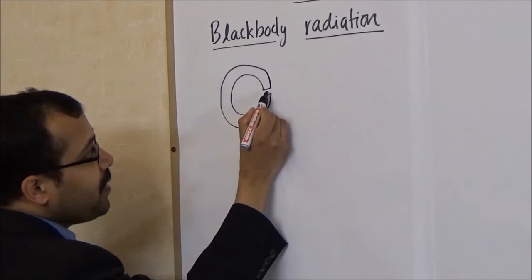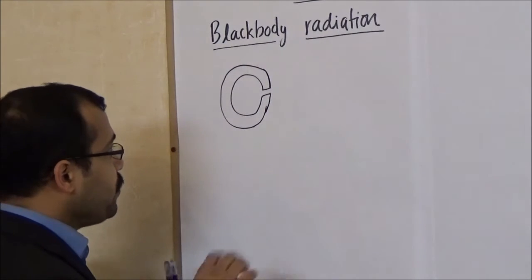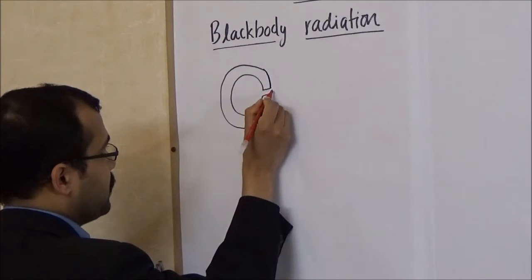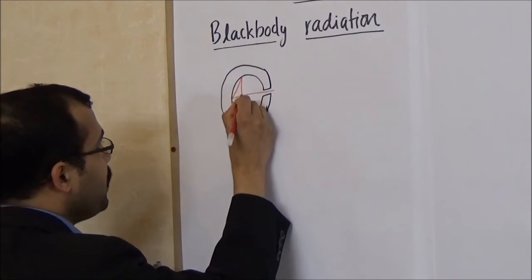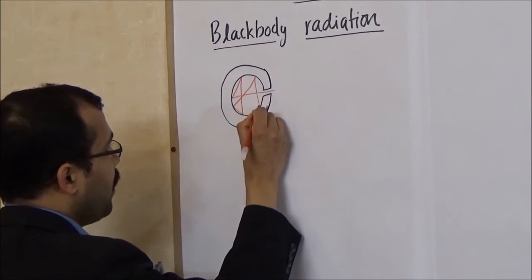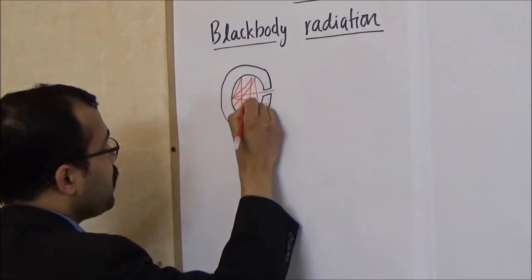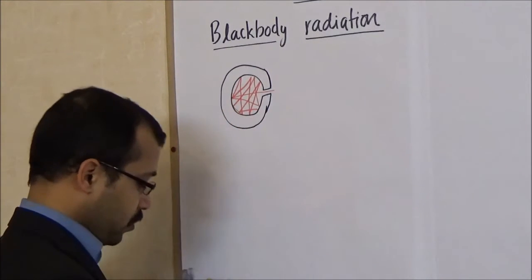The radiation entering through this hole undergoes continuous or repeated reflections. If it enters here, it undergoes repeated reflections inside this cavity. And due to these repeated reflections, the radiation will be completely absorbed.